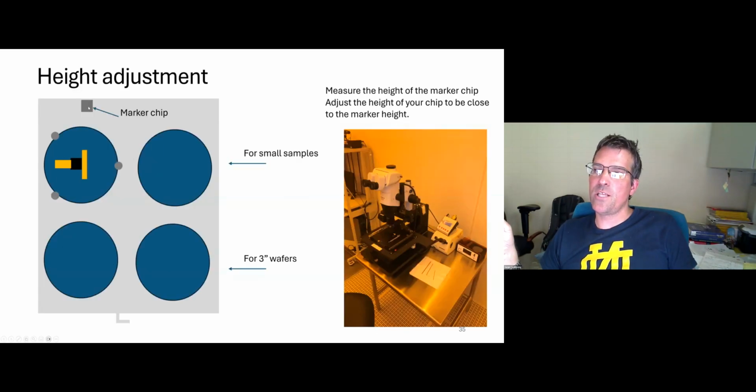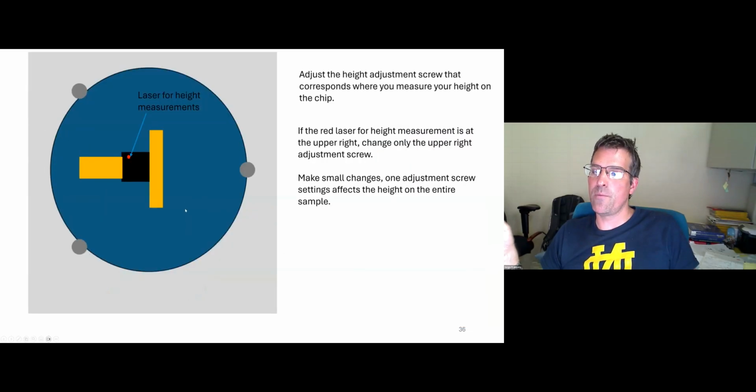For example, you measure the height on the marker chip with the alignment microscope in the E-beam sample preparation room, to be 18 micron, let's say. Move your laser dot to the upper left edge of your sample, and adjust just this one screw to bring it closer to the value.